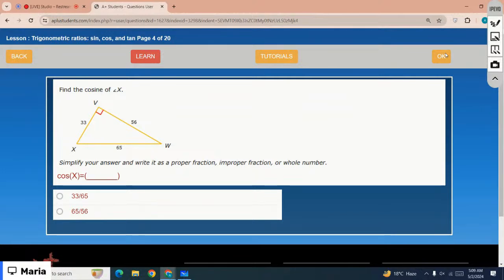Find the cosine of angle X, which is the correct option.